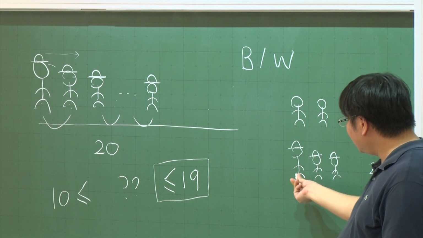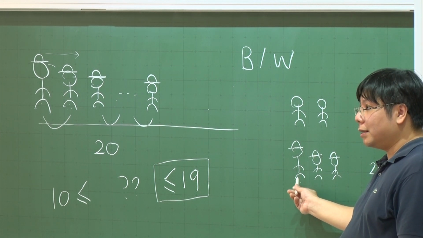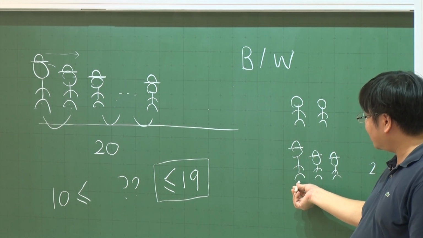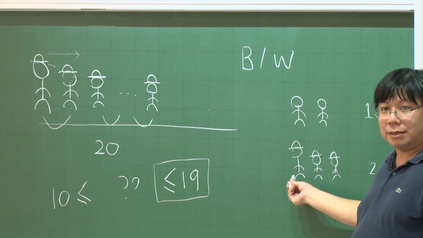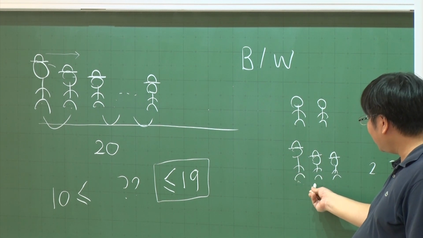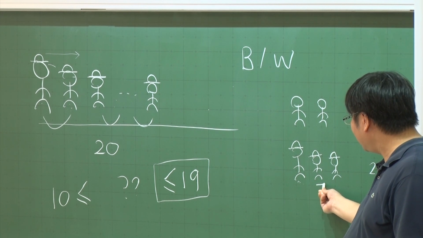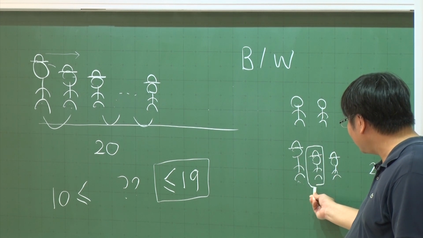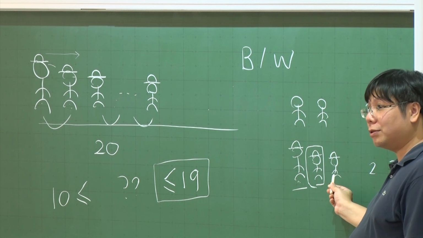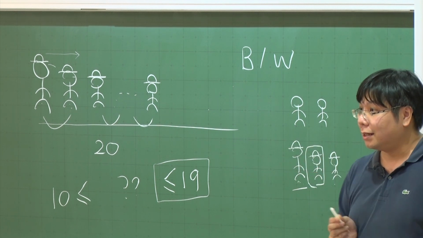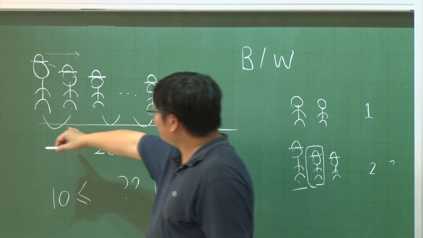It means that this one says something. He says the color of my hat is black, let's say, and this one must be able to answer correctly. And using the information received so far, this one has to answer correctly again. So they cannot just form groups of 2.